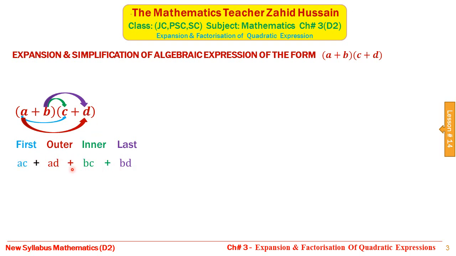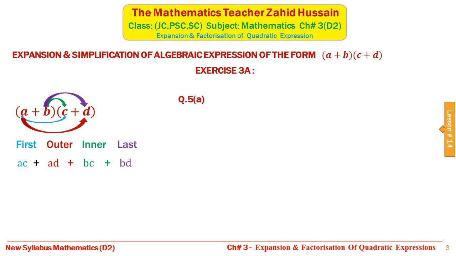After expanding, we can simplify. If this expression has like terms, we will add or subtract the terms, but here in this case there is no like term, so this is our simplification and expansion of this type of expression. So let's solve some questions using this rule of expansion.